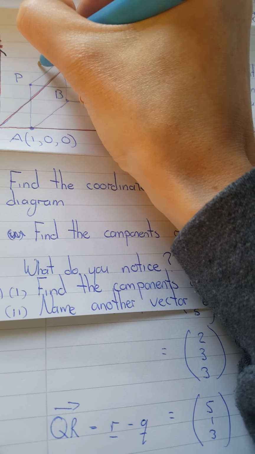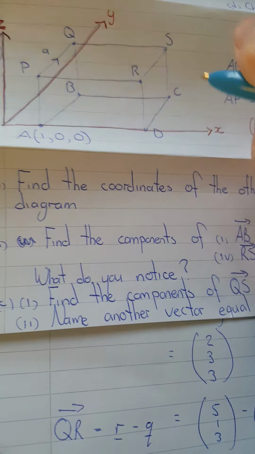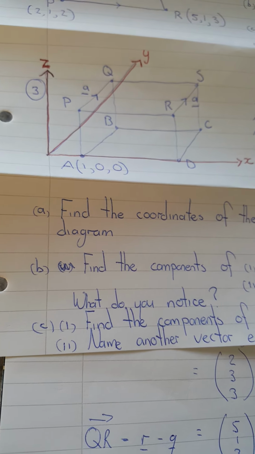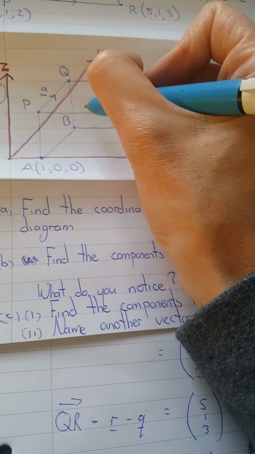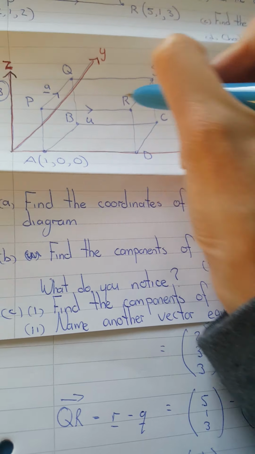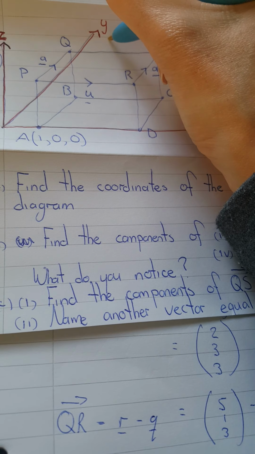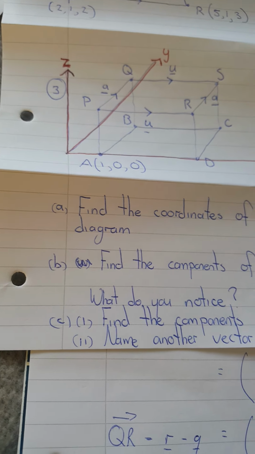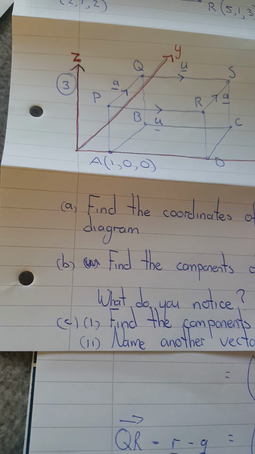So if I call this vector here A, going from P to Q, this vector from R to S would also be the vector A, going in the same direction. It's parallel and it's the same size. Another vector: if I look at the vector PR, and I call that vector from P to R the vector U, the vector Q to S would also be the vector U. Now bear in mind that the vector S to Q would be the vector minus U, going the other way.